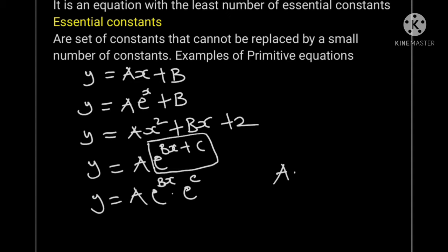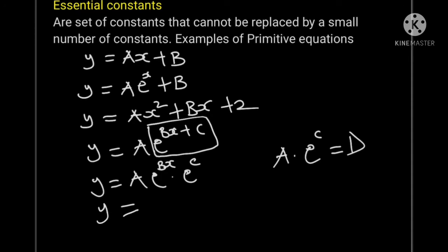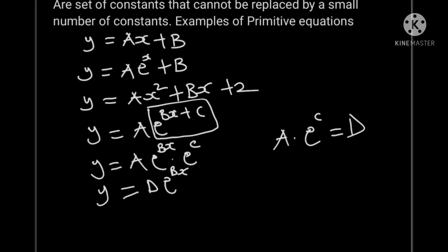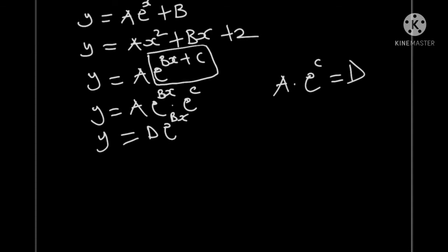A is a constant, exponential c is also another constant. A constant times another constant is a constant, say d. Now, y can be written as d exponential bx. This one is a primitive equation with two essential constants, d and b.